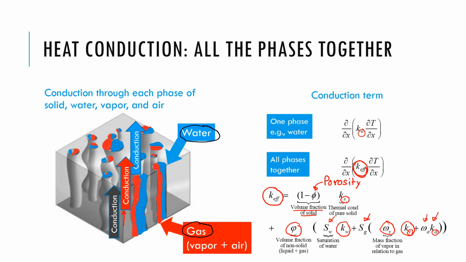So you see, altogether we have this K effective, that is a volume averaged thermal conductivity that is going to be used, and that takes care of conduction through all phases: solid, water, vapor, and air.